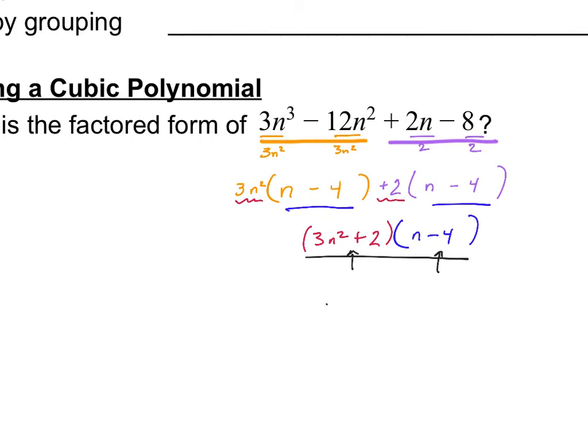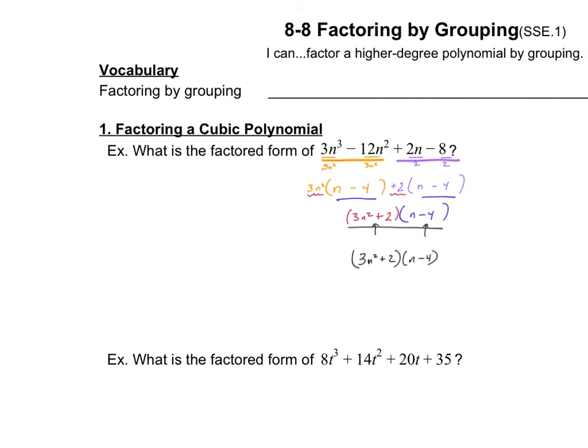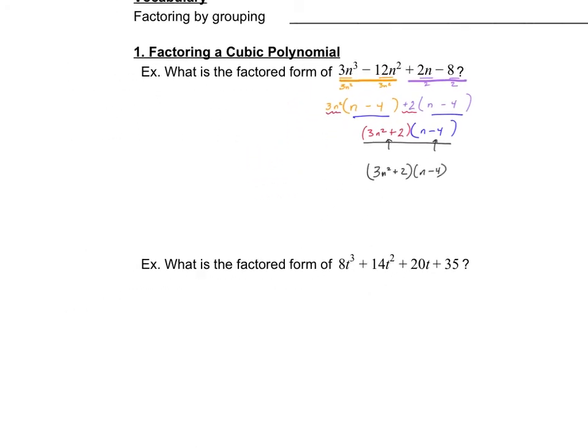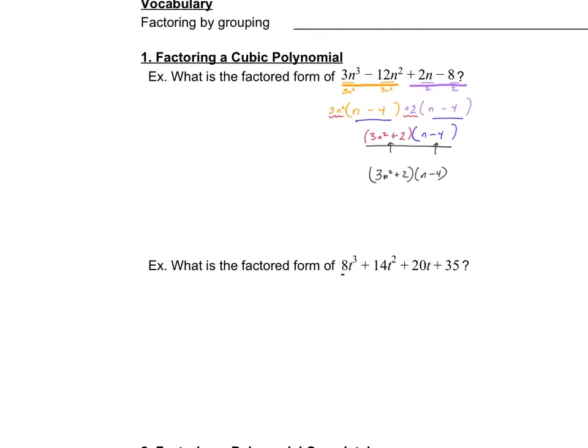So my factored form of that cubic polynomial is going to be 3n squared plus 2 times n minus 4. So we are factoring by grouping, and what you notice is we take the first two terms and factor those out, and then we take the second two terms and factor those, and let's just see where it goes from there.